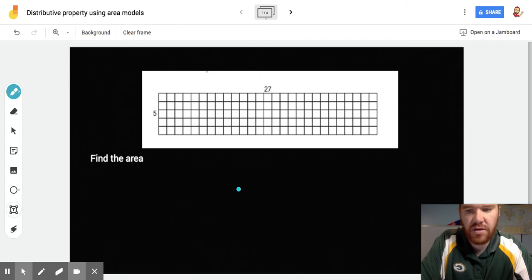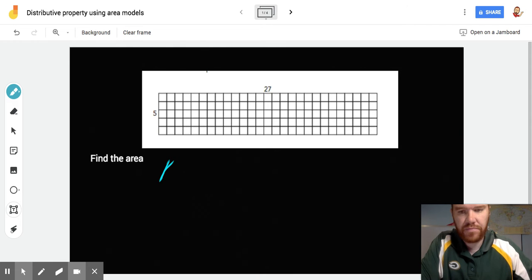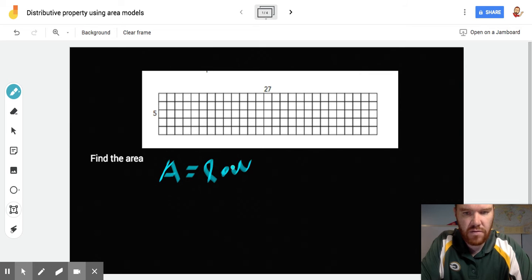I just wanted to real quick go through a review of kind of how composing and decomposing goes. Okay, so we have an array here that's 5 by 27, and we know that area is going to equal length times width, right?